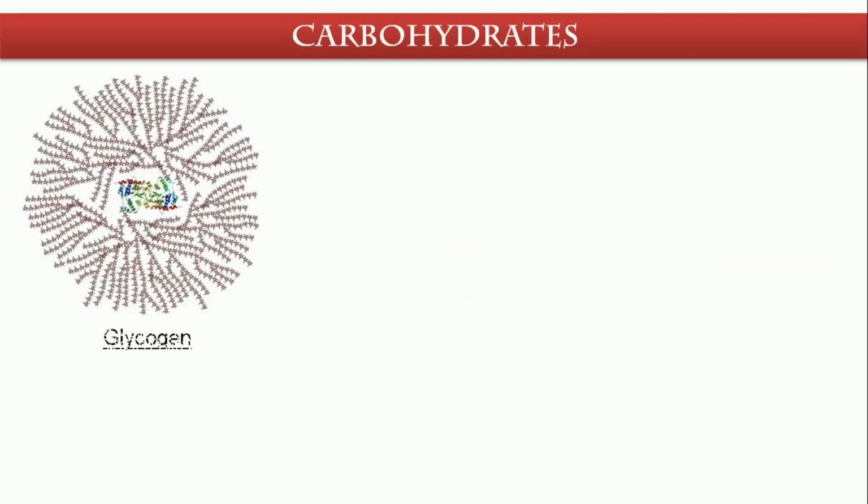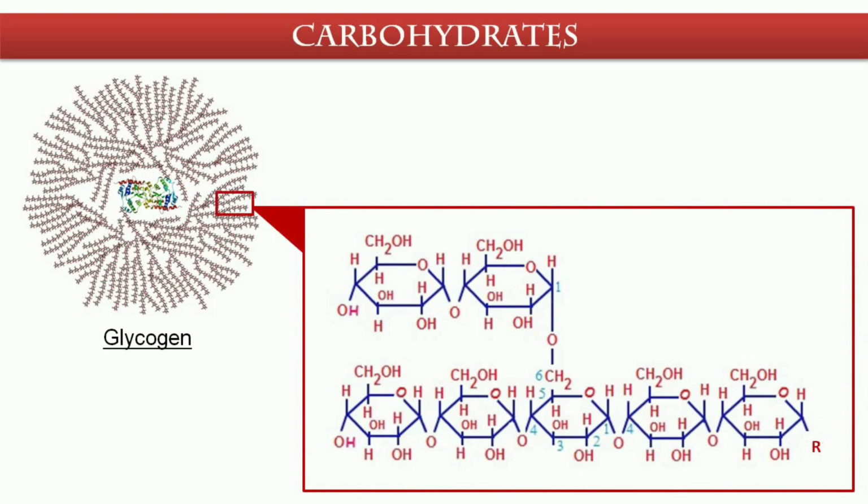Now here is the example of glycogen. Now glycogen is made up of a structure like this. Here we can see the bonds between 1 and 4th carbon of 2 units and 1 and 6 carbon of 2 units joined by oxygen.